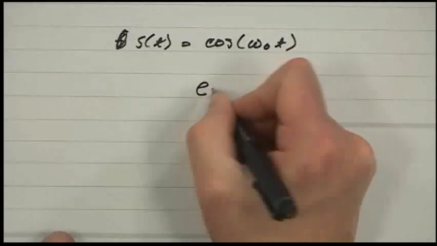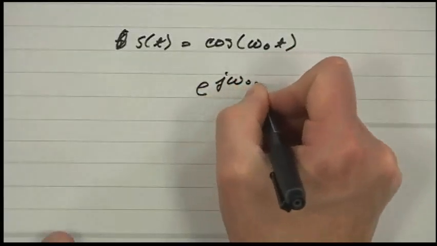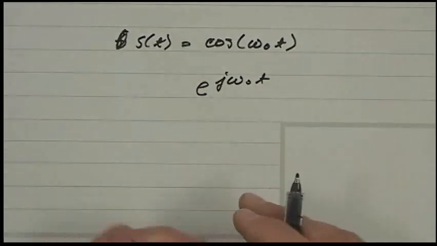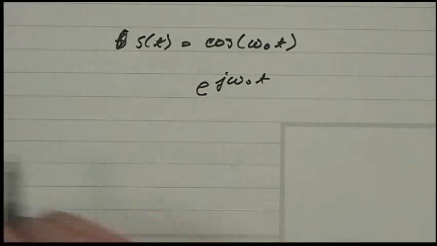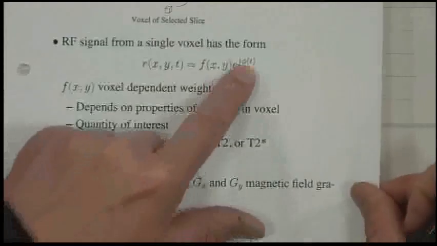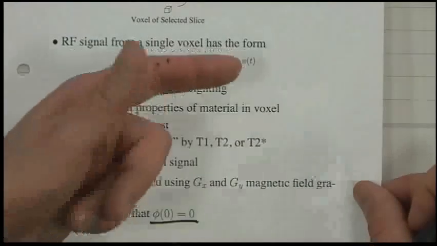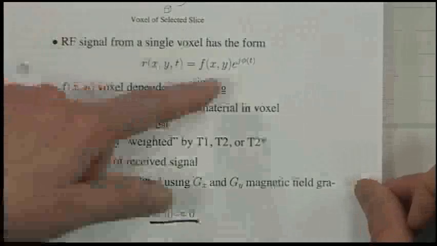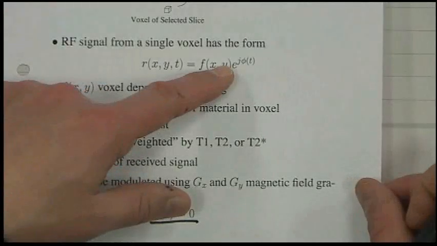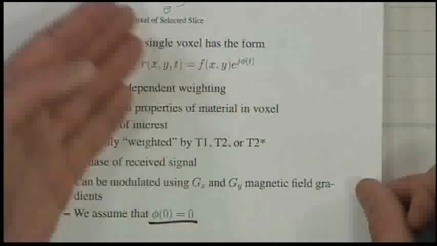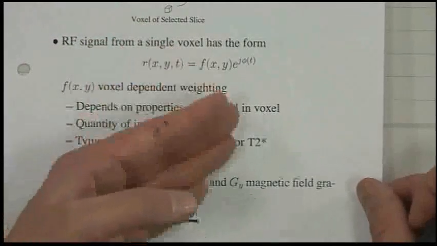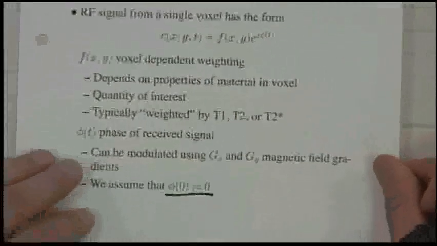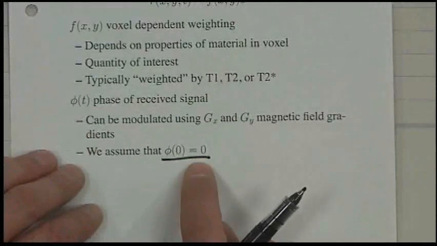You represent it as e to the j omega 0 t. It's just simpler that way whenever you have modulated signals. So this e to the j phi is just taking into account the modulation. We're going to expand that out in a minute, okay? The modulation is going to have some frequency associated, and there's also going to be some phase. But without loss of generality, we can just assume at time 0 it starts off at 0 phase.